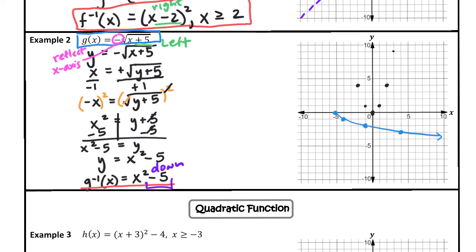And I can even do 3, 9 to be more accurate, right? And so I'm going to move all these points down 5 units. So it's going to go 1, 2, 3, 4, 5. And 1, 2.